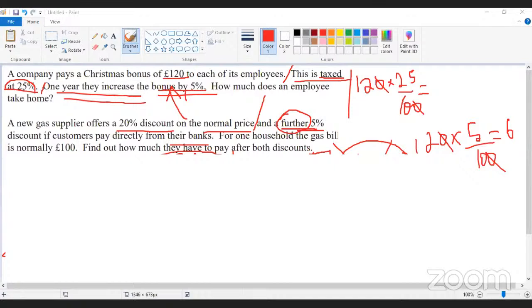Something called a further discount. I hope you understood the question. Altogether 35 discount.